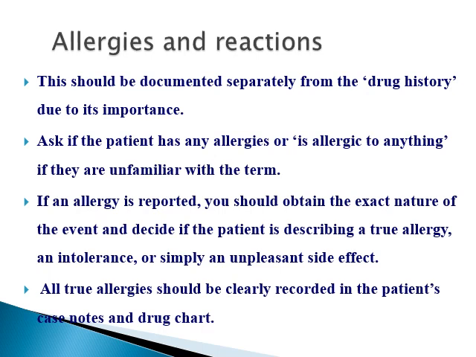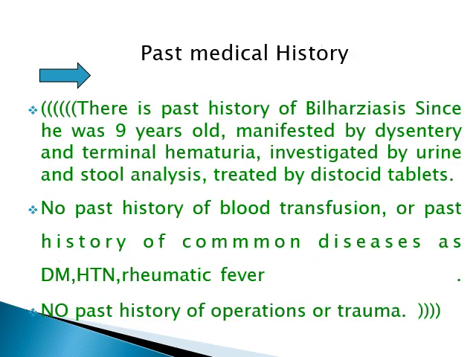The patient may have a medication that makes him tachycardic or causes GIT upset, so the patient considers it an allergy, but it is not a true allergy. So if the patient has an unpleasant side effect or an allergic effect, I should differentiate. If the patient has a true allergy from a drug, this drug should be written clearly in the patient card.